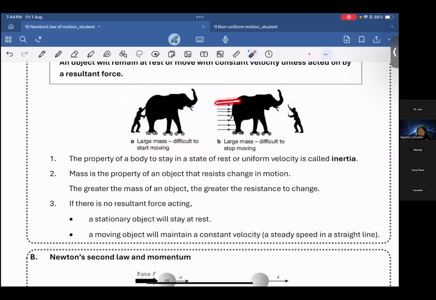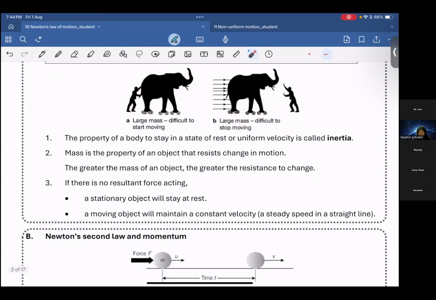If the elephant is running towards you and you are trying to stop it, sorry, you can't make it. It's very difficult for you to stop a very large mass object. This is called inertia. If it is at rest, it will try to stay at rest. If it is moving, then it will try to continue moving at a constant velocity or constant speed.